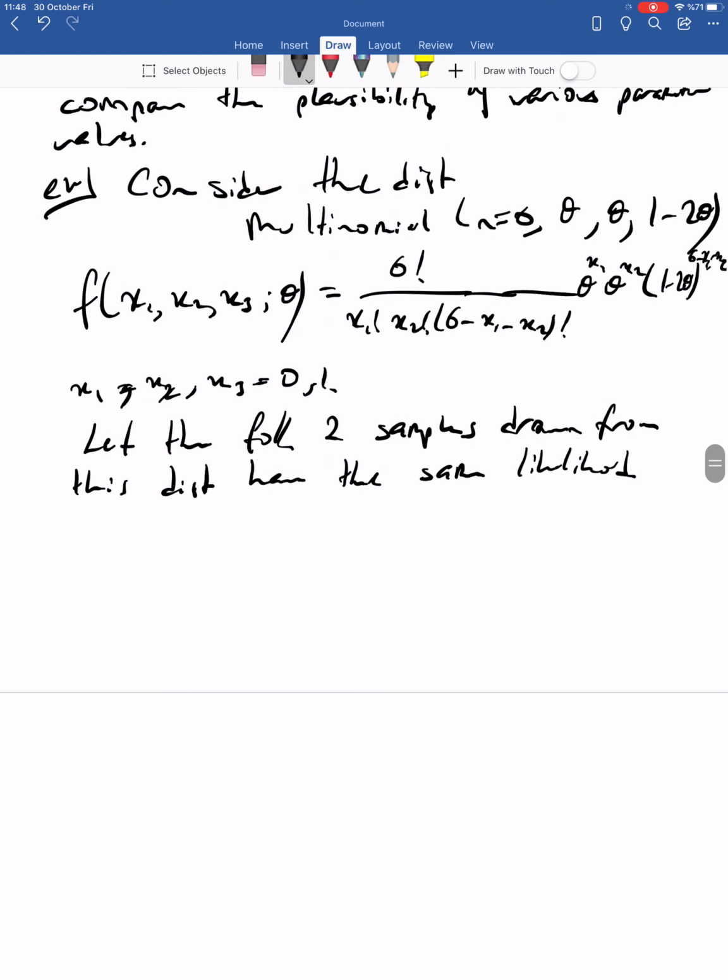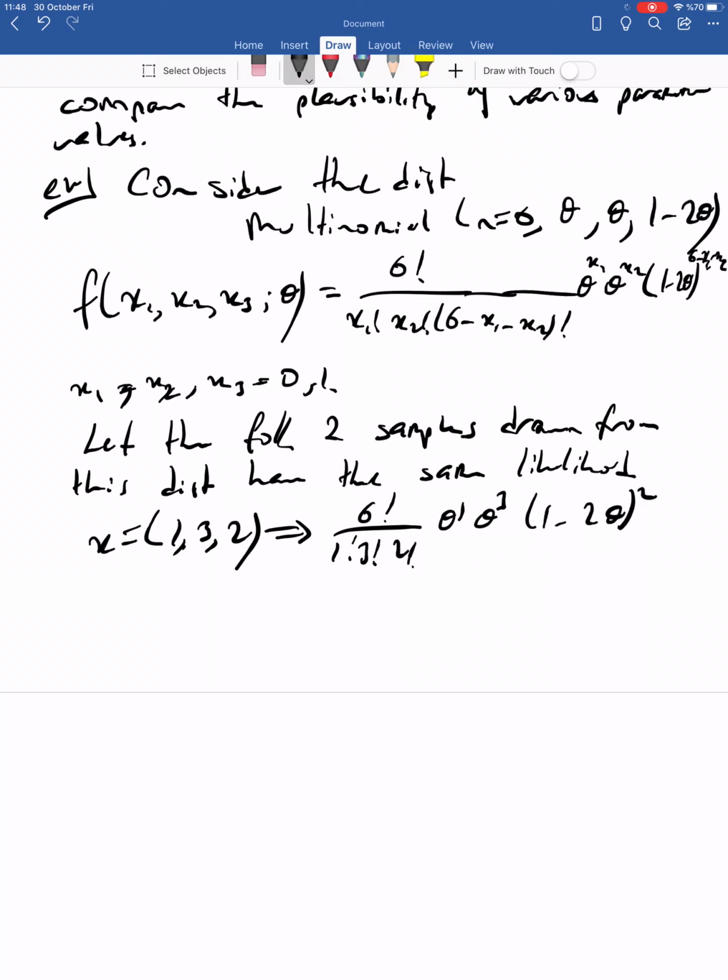Consider the first sample as 1, 3, 2. From here we get 6 factorial over 1 factorial, 3 factorial, 2 factorial, times theta to the 1, theta to the 3, and (1 minus 2 theta) squared.